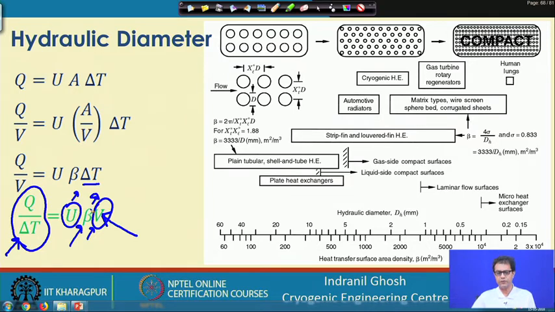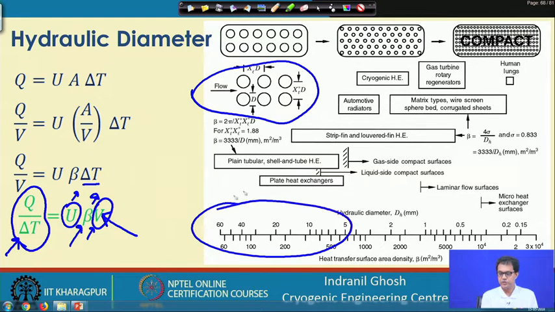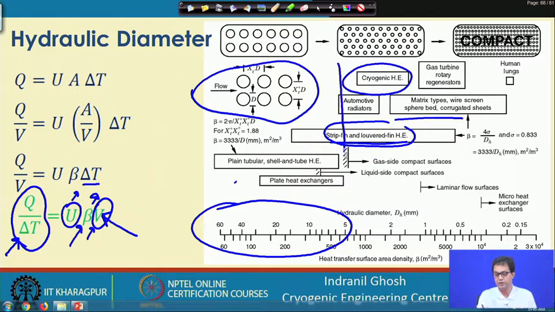So, if we look into that, so far we were looking into the tubular exchanger, where the typical hydraulic diameter is of the order of this region, where you see the plain tubular shell and tube heat exchanger, and on this side the louvered fin, strip fin etc. These are basically the plate fin type heat exchangers, and the cryogenic heat exchangers or other types of matrix heat exchangers basically belong to that compact heat exchanger range.